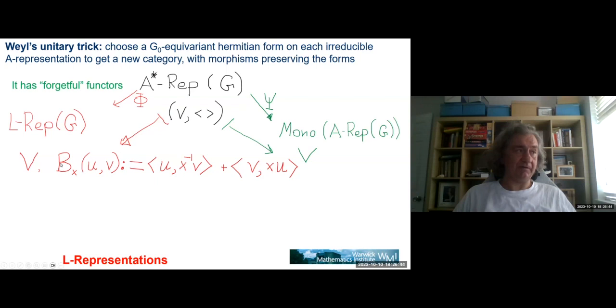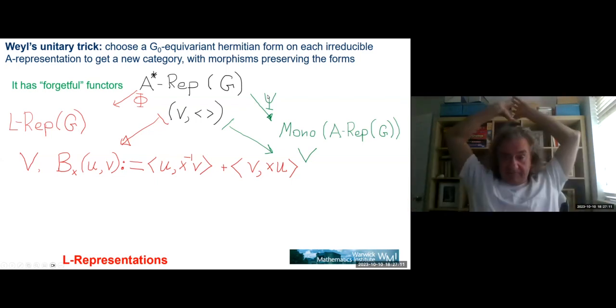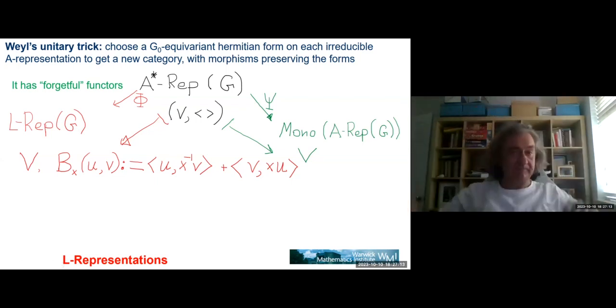You need bilinear forms for odd elements, and you define them by this formula. And then after that, you forget this form, and you forget the action. So this functor is not completely forgetful, so it needs a new definition, and then you define all structure. So there are these two functors. Is it clear? Questions?